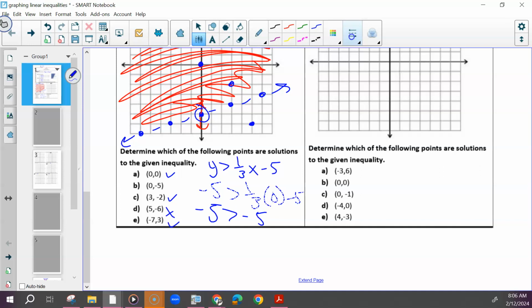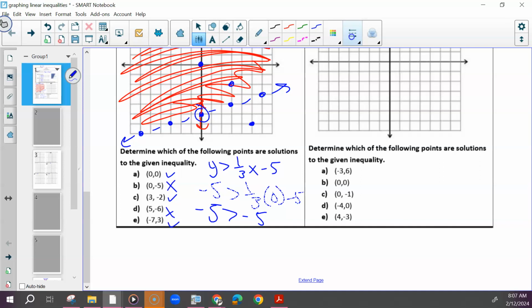Is this a true statement? Is -5 greater than -5? No. So then it wouldn't be true, and that would not be a solution. So that's how you could check yourself. If you're not sure, maybe you're trying to see, did I graph this the right way? Pick a point, put it in, see, is it true or not?